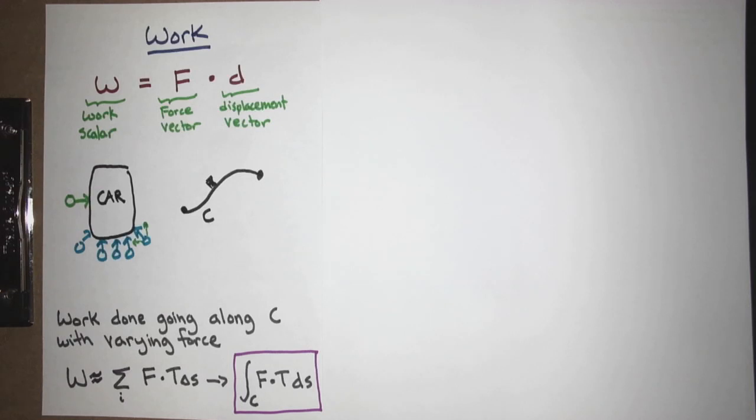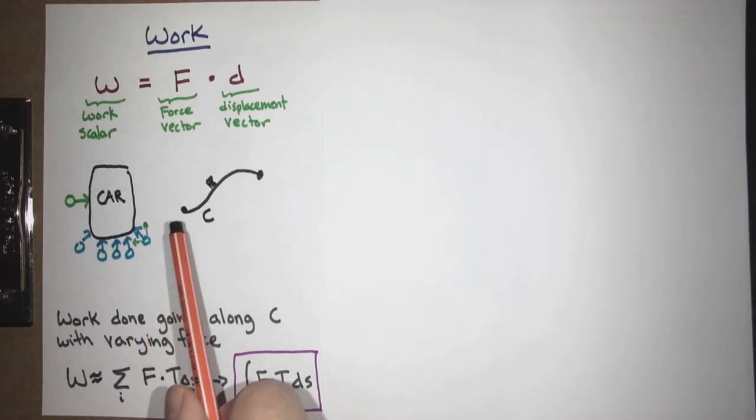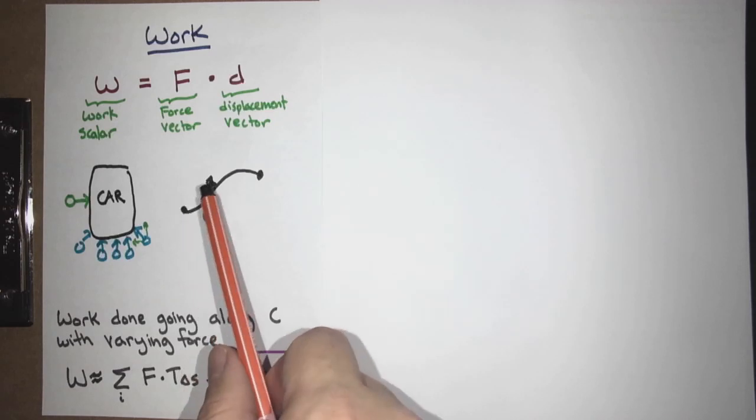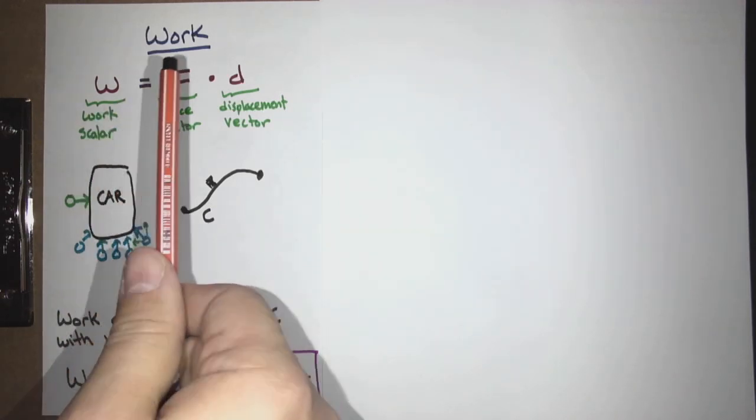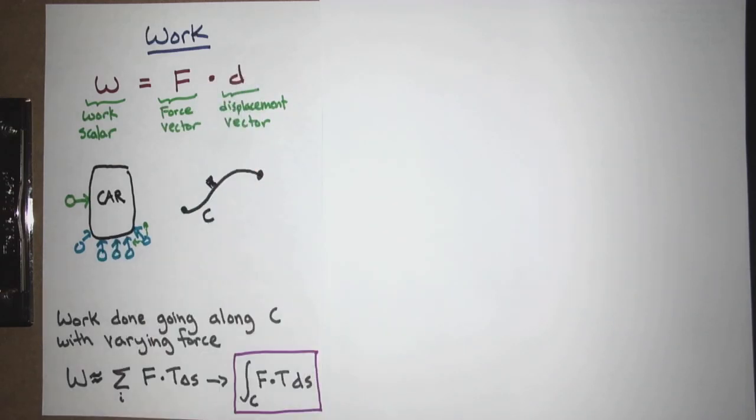Well, the amount of force might vary. For example, there might be places where you have to exert more force and places where you exert less. You also have to keep in mind how you compute work: it's a force dotted with a displacement.